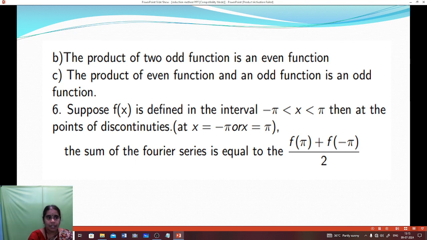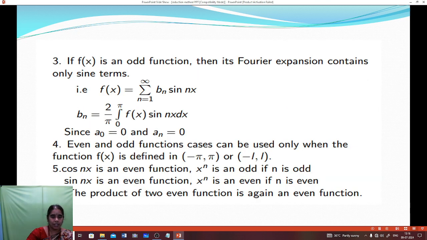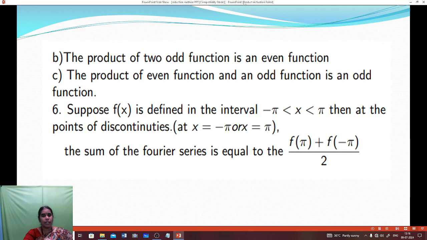If both are the same, either odd or even, we get an even function. If both are even, we get even. If both are odd, again we get an even function. Suppose one function is even and the other is odd, then our net result is an odd function. If both are equal, we get an even. If one is odd and one is even, we get an odd function.